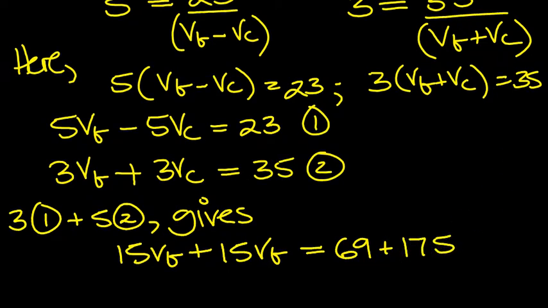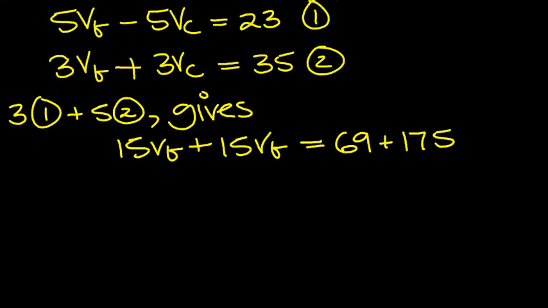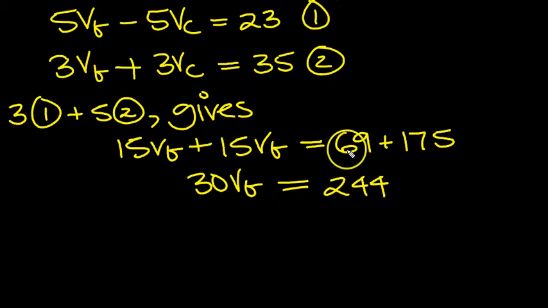So what have we got then? We've got 30 VBs equals 69 plus 175, really, isn't it? 244. You could look at it as 17 and 6 is 23, 9 and 5 is 14, so 230 plus 14 is 244.